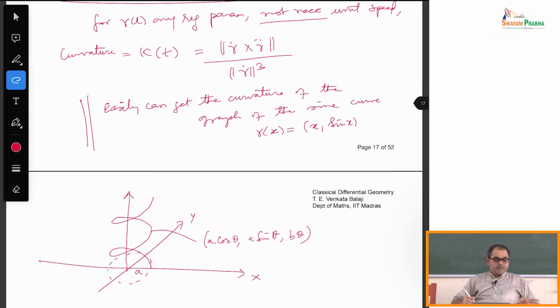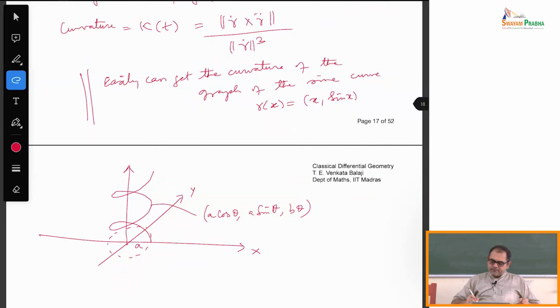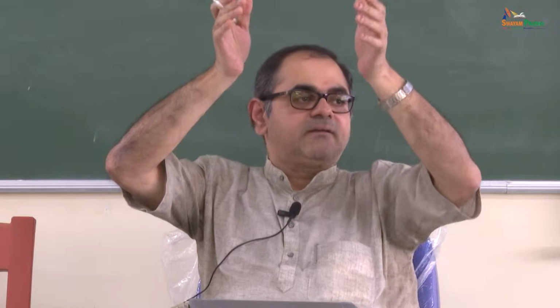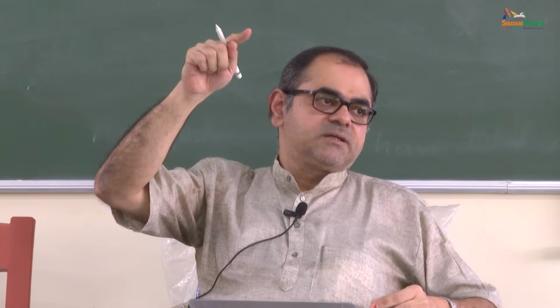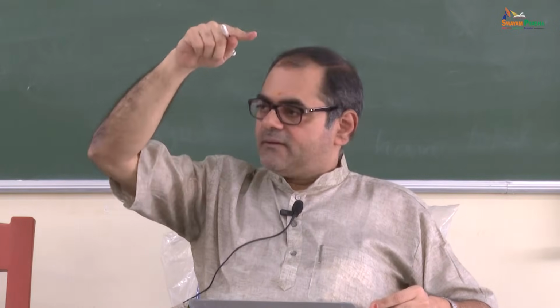All right, and what you can understand is that the points of the helix are touching the cylinder whose base on the xy plane is a circle of radius a. And this b has to do with how much the helix moves up in one turn, which is called the pitch of the helix.